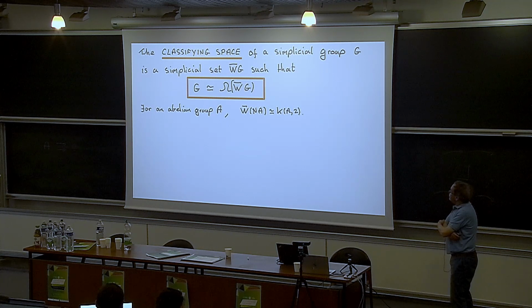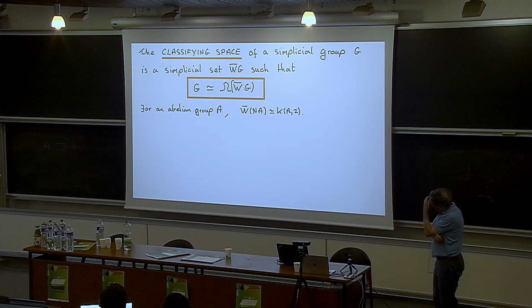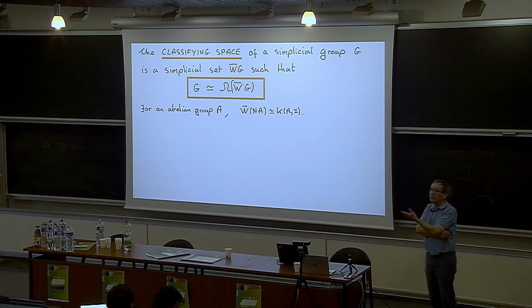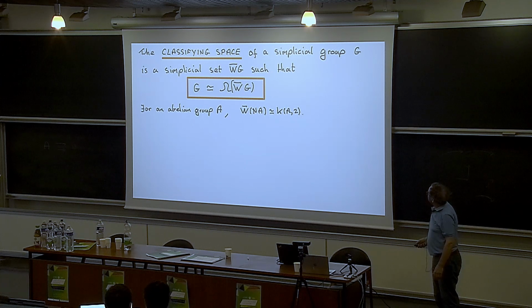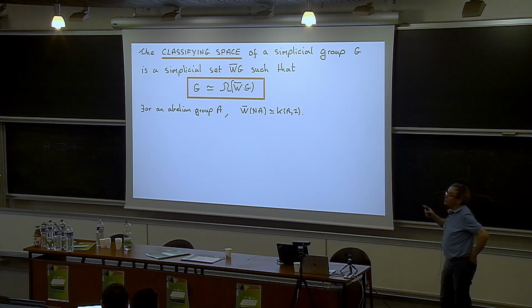For an abelian group A, your favorite abelian group A, when I define this W bar, we'll actually end up with a simplicial set which has second homotopy group equal to A, and all other homotopy groups trivial.